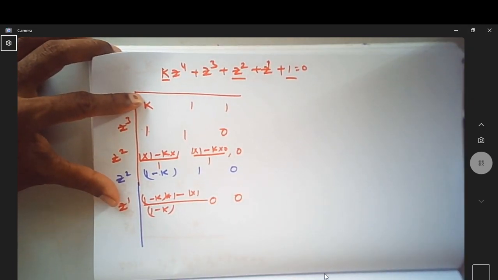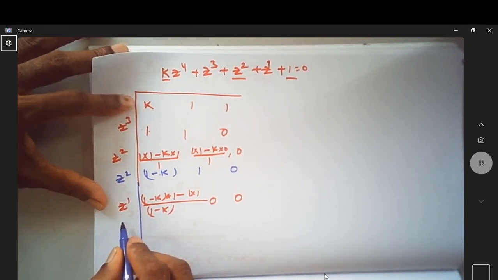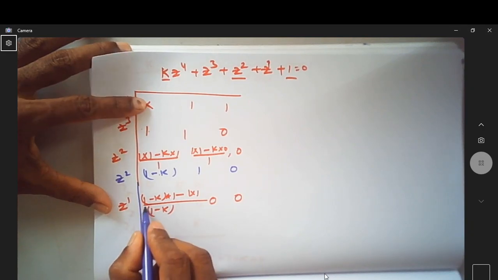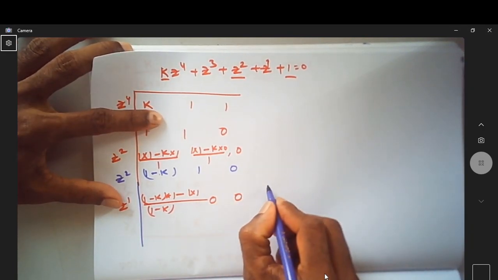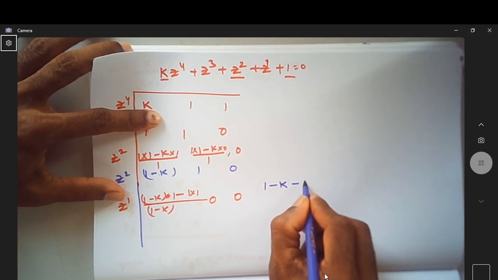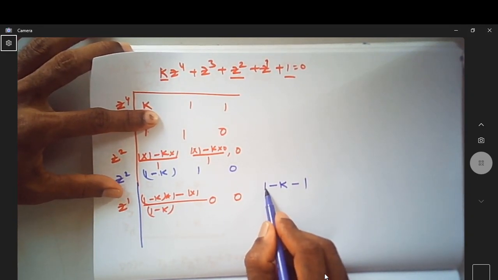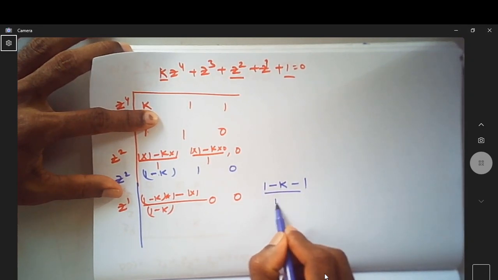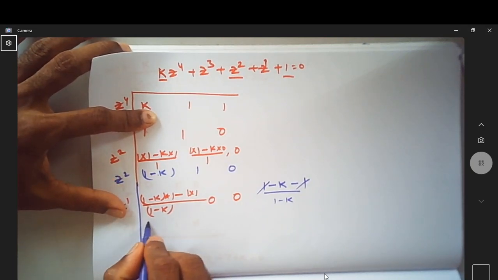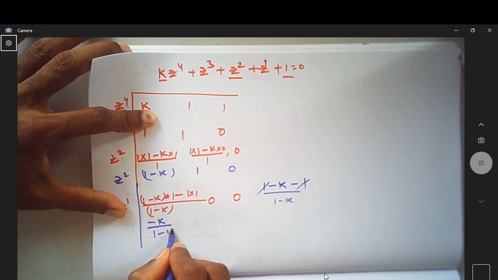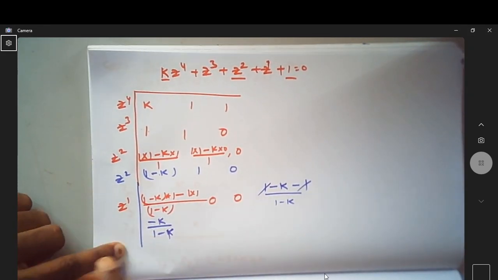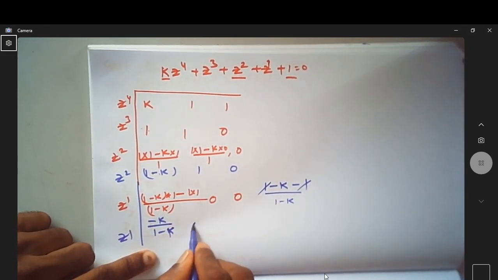Now if I solve for this, it is 1 minus k minus 1. You can see 1 minus k and 1 by 1 minus k; this will go off, so you will end up with minus k by 1 minus k. So this is z power 1, and it is 0, 0.